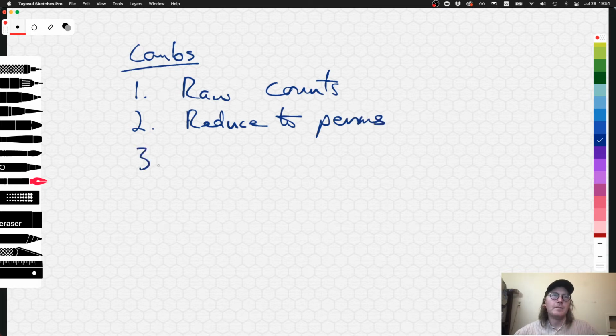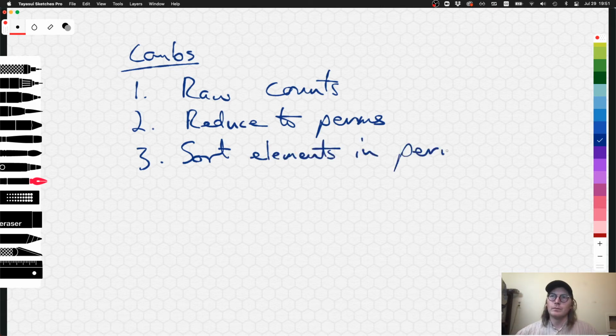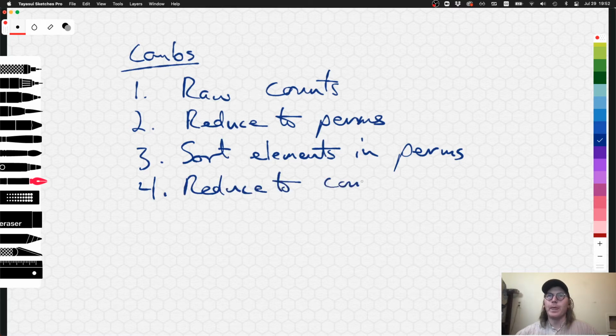And then we can sort the permutations themselves, so sort elements in the permutations. And then from that we can reduce to combinations by simply removing duplicate permutations.